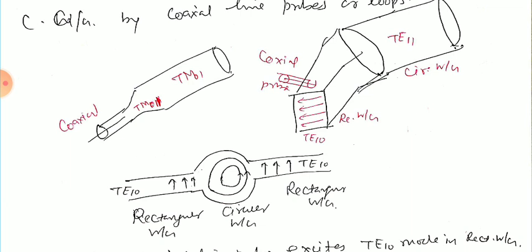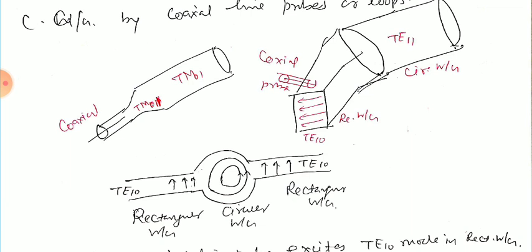And the second technique: if you want to connect a rectangular waveguide to the circular waveguide, then what happens? In the rectangular waveguide, we insert the signal by using coaxial probes in the TE10 mode. And if it is connected with the circular waveguide, then this TE10 mode will be converted into the TE11 mode in the circular waveguide.